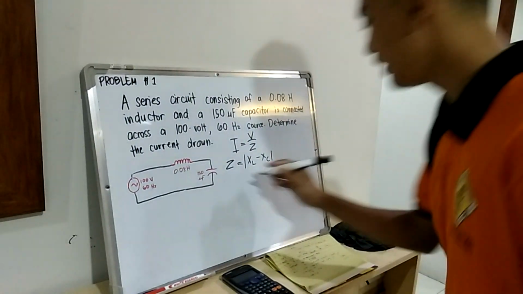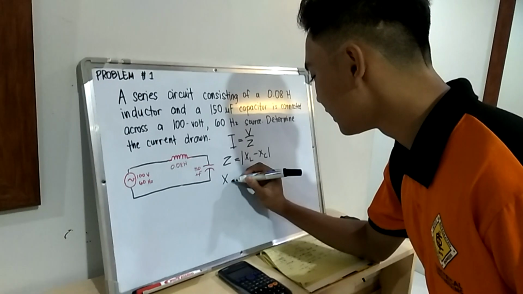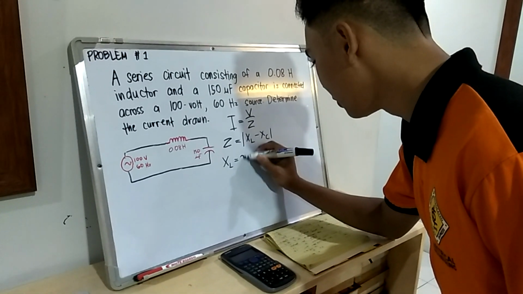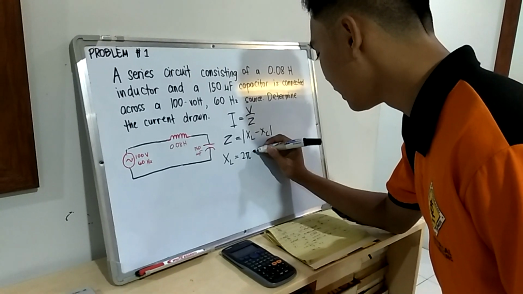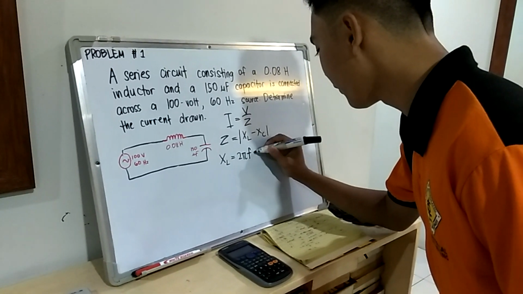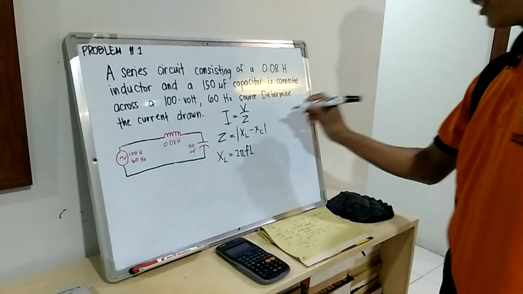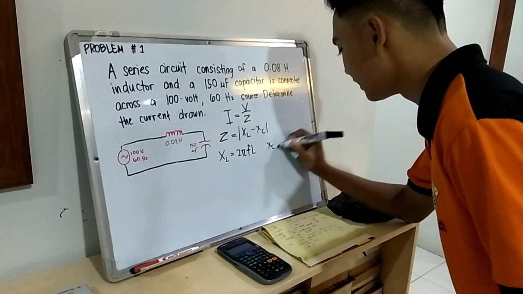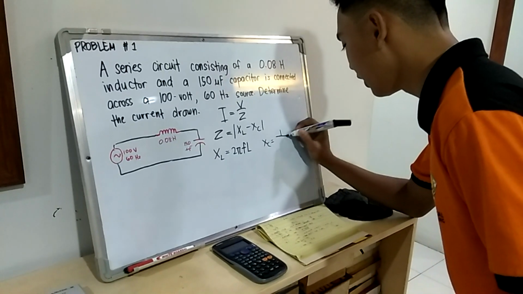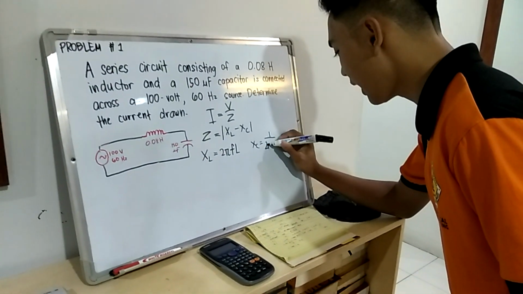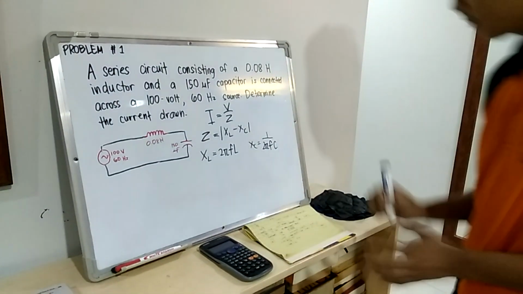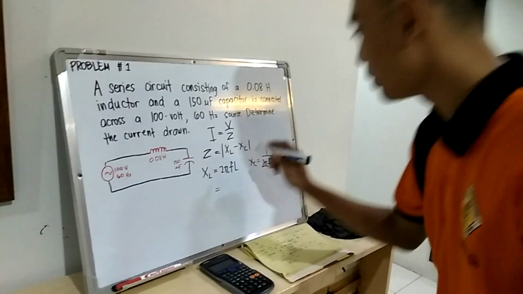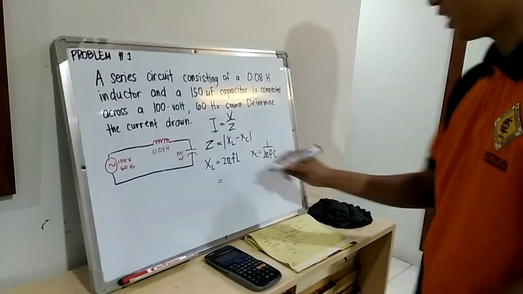To find the inductive reactance, we have the formula 2 pi FL, and the capacitive reactance is equal to 1 over 2 pi FC. So let's substitute the values of each.